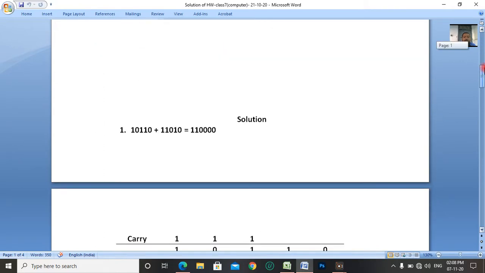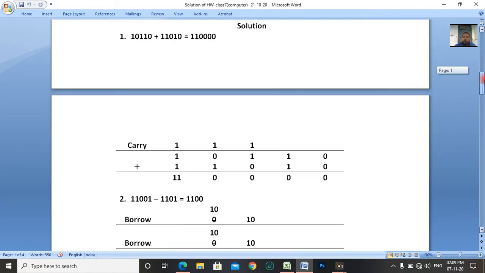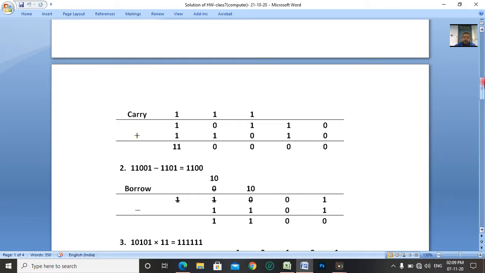In a previous video we already learned how to add binary numbers. 0 plus 0 is equal to 0. 1 plus 1 is equal to 0, carry over 1, and this will go from here. Again we add, then it will be 0 and carry over from here. Again it goes over here, and when we add this it will be 11. Okay students, this is the way we can add binary numbers.